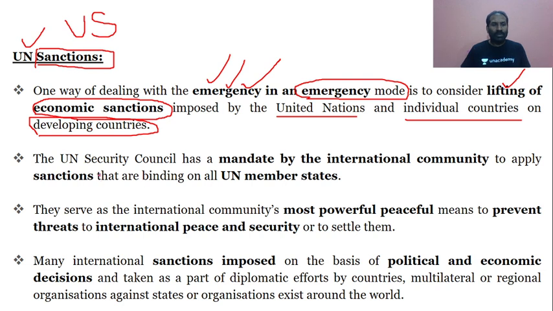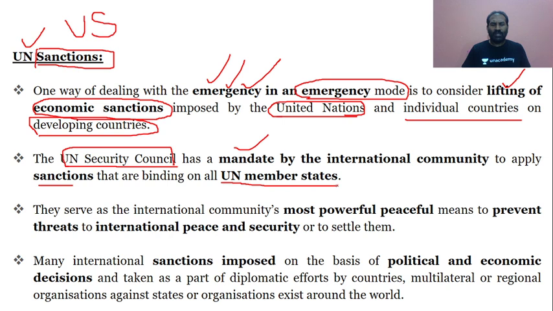And under the United Nations, you have one of the organs, the United Nations Security Council, which has a mandate by the international community to apply sanctions that are binding on all United Nations member states.